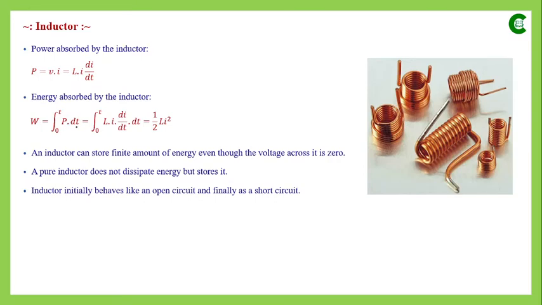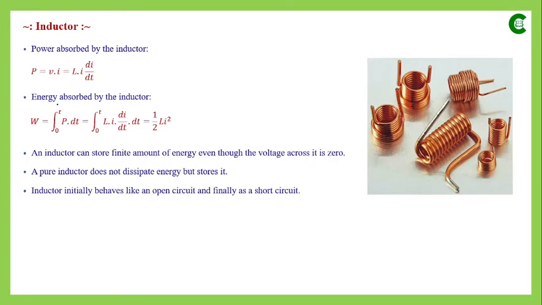So it will be multiplied by that small amount of time during which the power was absorbed. And then if we want to find the energy absorption, those small energy absorptions will be added. That's why it is integrated over a longer period of time.